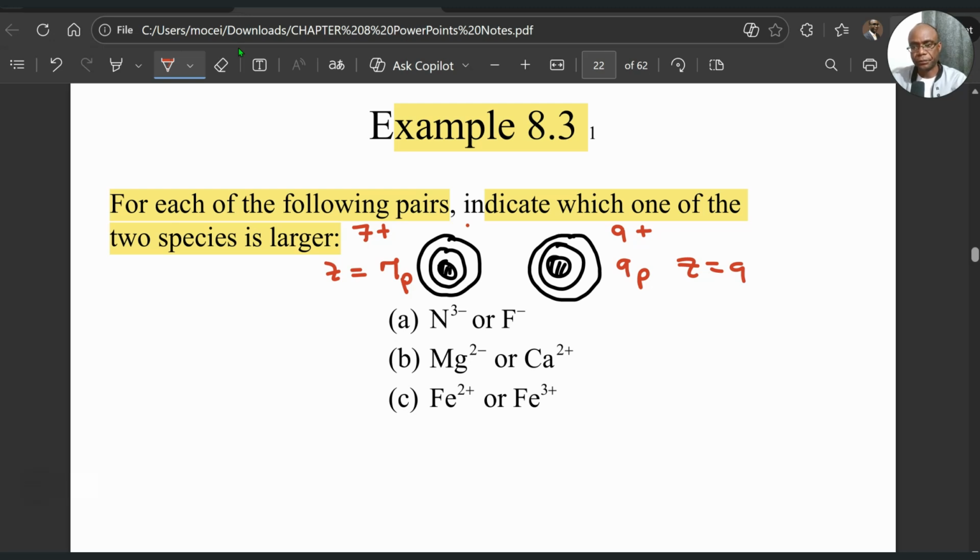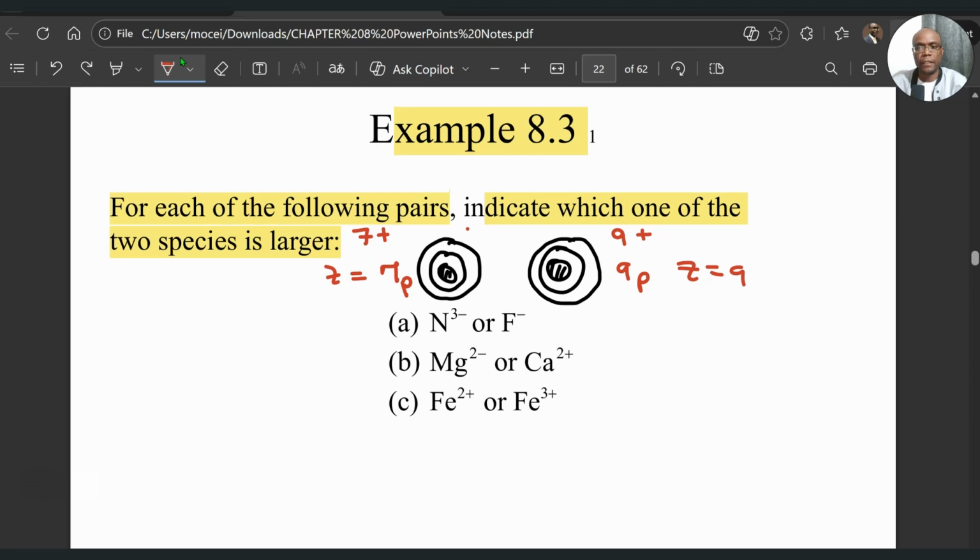Definitely the one that has fewer protons, and that happens to be nitrogen with 7 protons. So N has 7 protons, F has 9 protons, but the number of shells is 2. This one has more effective nuclear charge, which is the force of the nucleus attracting the outermost electron shells toward it, pulling the shells towards the nucleus. So the fluorine is going to be smaller.